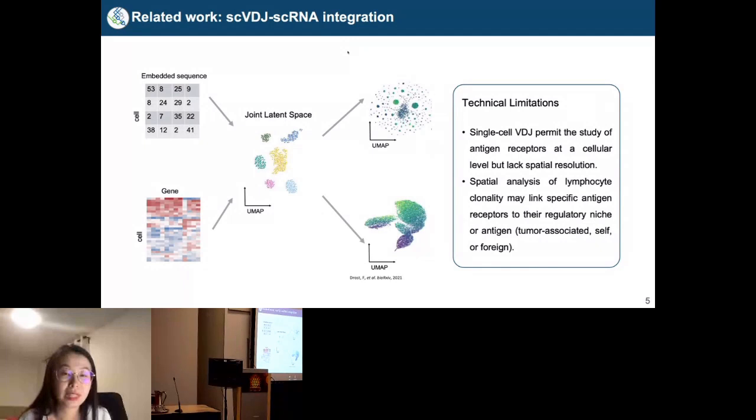However, a technical limitation here is obviously that it contains no spatial information. And we all know spatial information can provide valuable insights into the microenvironments and the cellular heterogeneity.